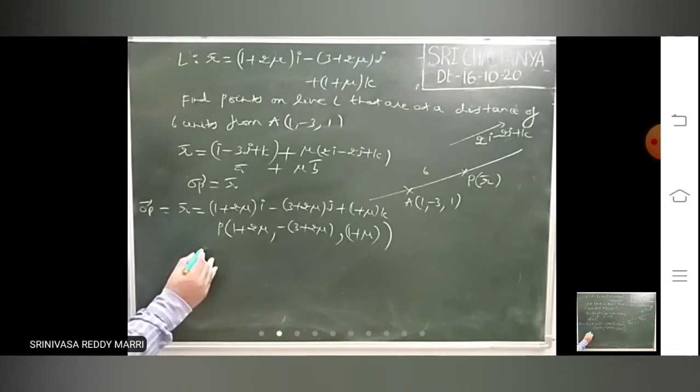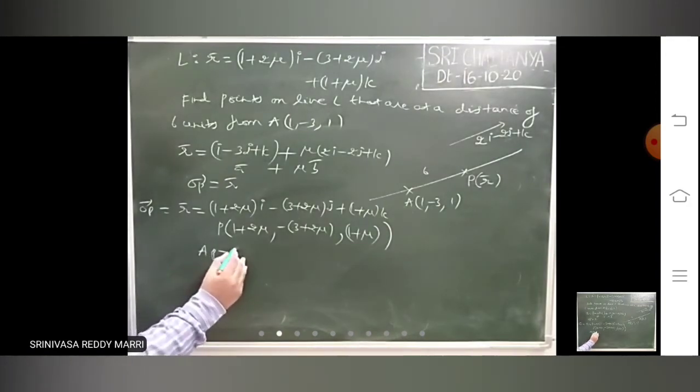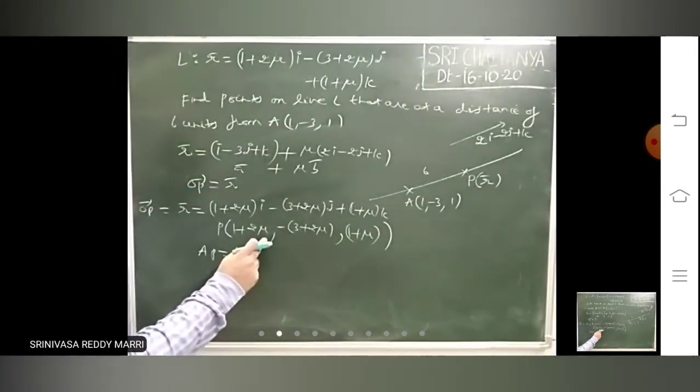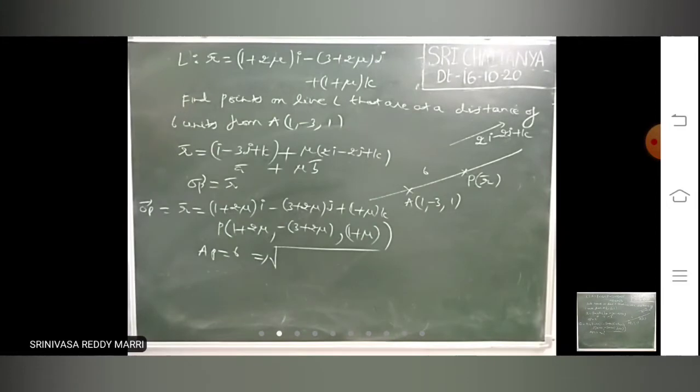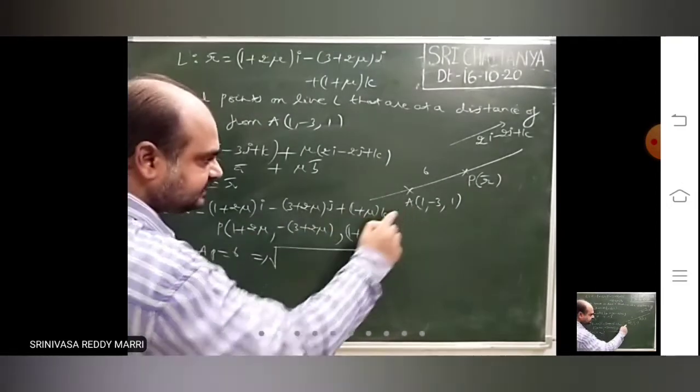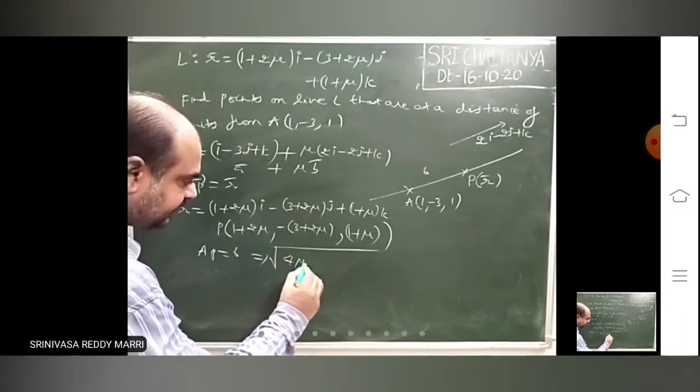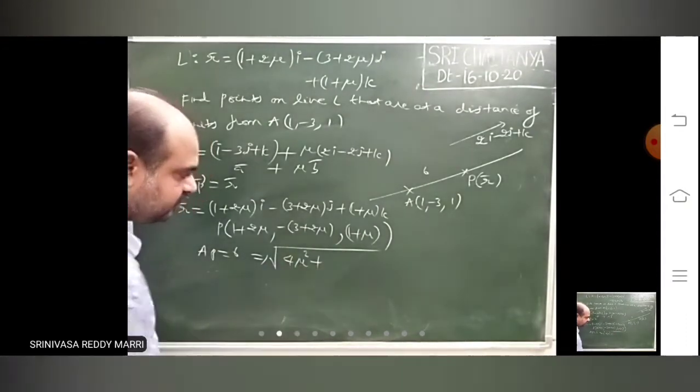Now given that AP equals 6, use the distance formula. X2 minus X1, so this minus this gives 2μ, whole square, 4μ².